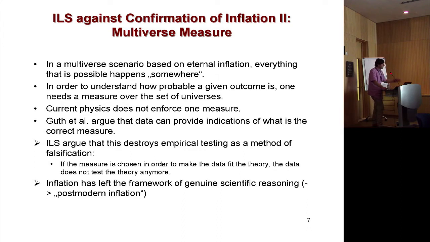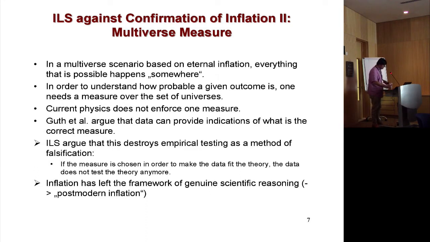So you apply a measure not in order to find out whether the theory is probably correct or not, but you apply the measure in order to find out whether the measure is correct. So if there is a problem, which happens to be the case in the most straightforward and simplest measure you could come up with, then you discard the measure for that reason. You don't discard the theory, but you look for different measures.